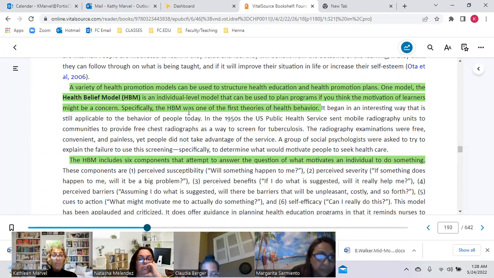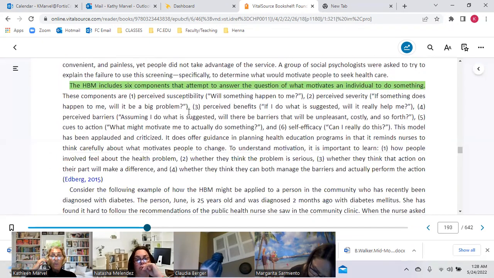The health belief model is typically used when you think that motivation is going to be an issue. It has 6 components that attempt to answer the question of what motivates an individual to do something. If you want to read more about that, it's in this paragraph right here, page 193.